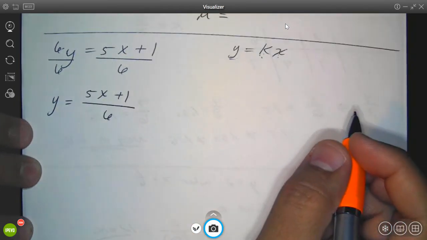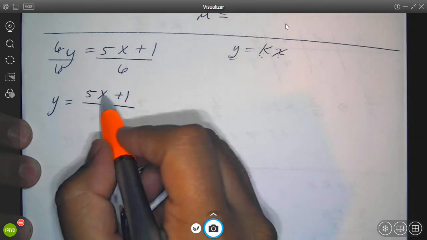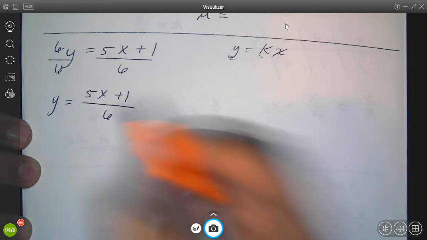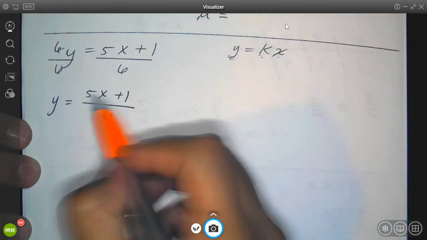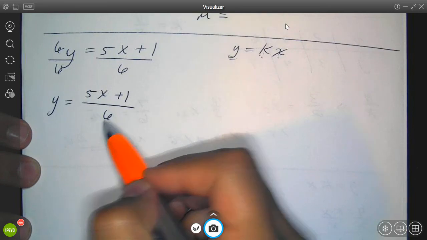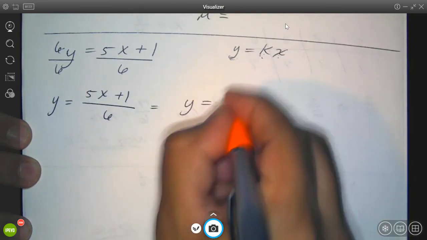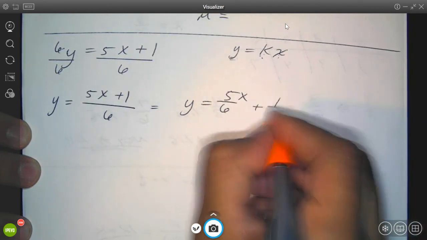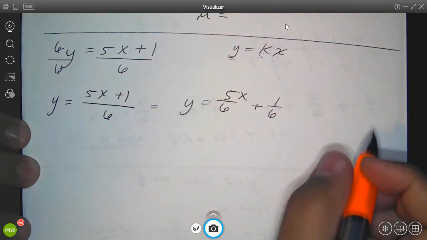Let's not forget, we can separate this fraction, since we have multiple numerator parts over one denominator. So I can write this as y equals 5/6 x plus 1/6. Now look at the discrepancy here.